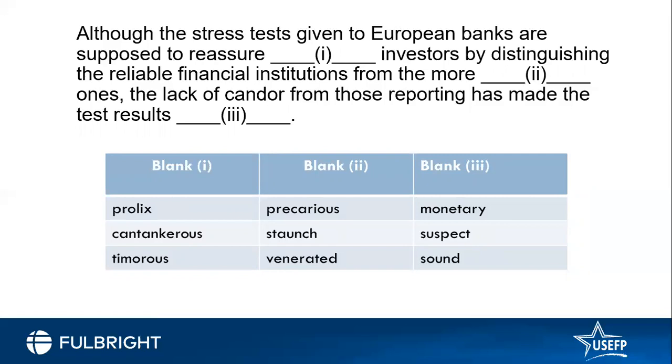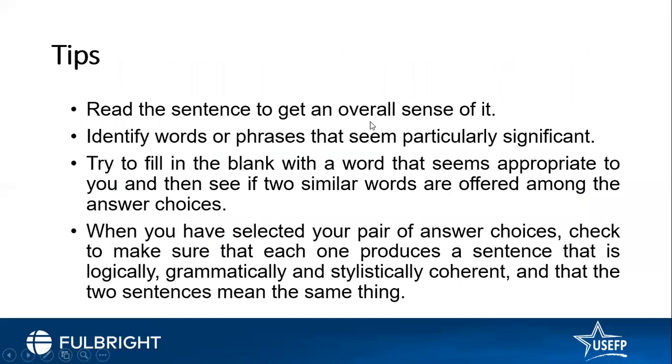Distinguishing the reliable financial institution from more dash ones: precarious means uncertain. The opposite of reliable is uncertain, so that is precarious, option C. In this, there were a few hints like reliable, reassure, and candor that help us find the fill in the blanks.